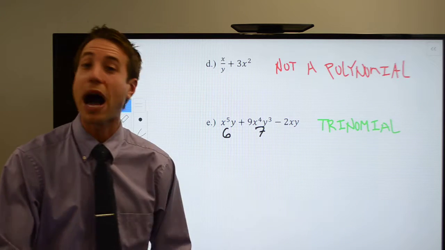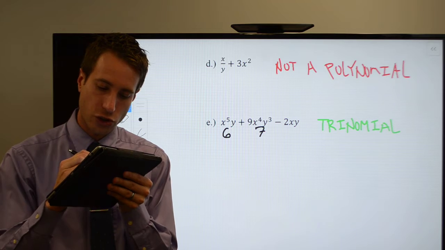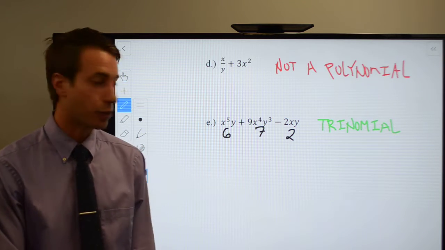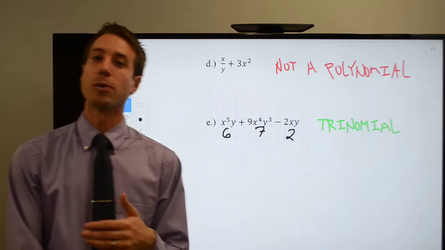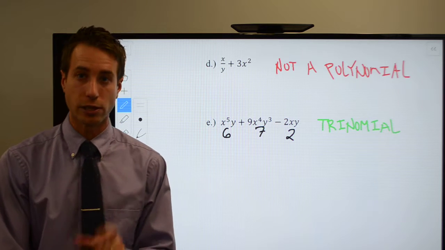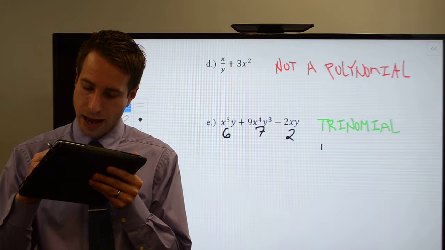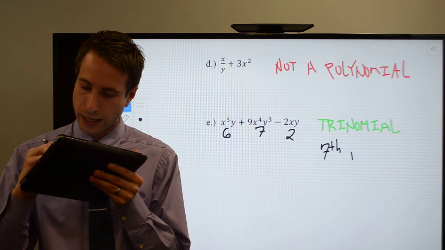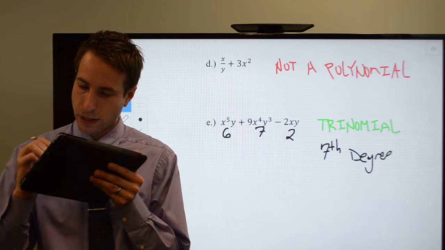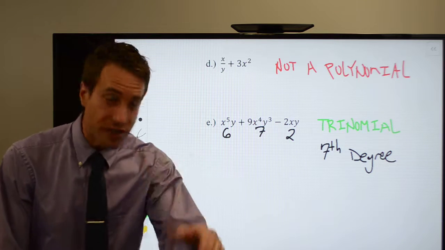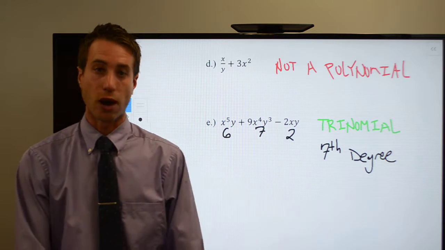X to the 1st, y to the 1st: 1 plus 1 is 2, a 2nd degree monomial. The degree of the polynomial is equal to the largest degree monomial, which is 7. So once again, I have a 7th degree polynomial, which in this case is a trinomial.